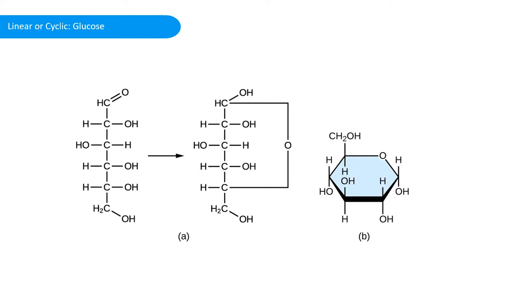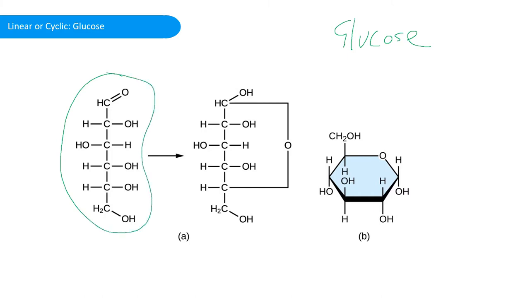So this is glucose, and you'll notice that it's changed from the first slide. This is the linear form. And then this is the cyclical form. So you've got A and B. So this is linear, this is cyclical, which means it's a circle. Now, don't be afraid of this diagram.